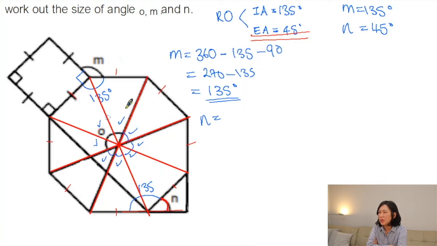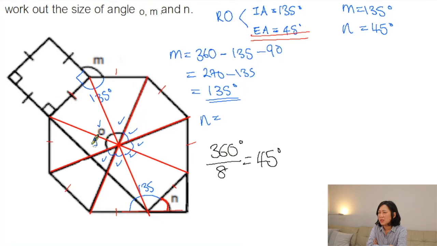So what we can do is just find the size of one of the pointy angles, right? So 360 divided by 8, because these are all the lines of symmetry. That's why it's all equal. So we know that one of the pointy angles will be 45, right?